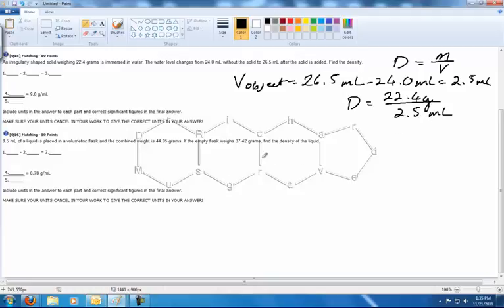Alright, looking at the next one. Similar problem, except now we've got the volume, which is 8.5 milliliters, and we need the mass. Now the mass we're going to find by doing subtraction.